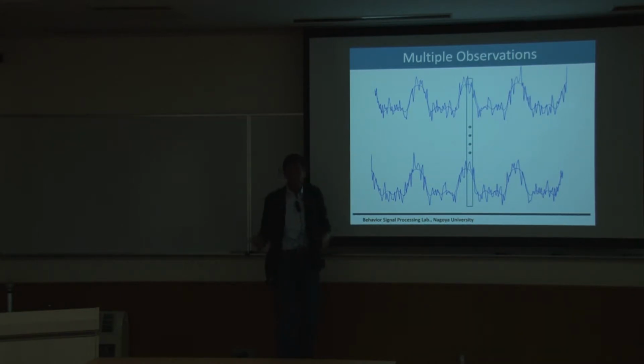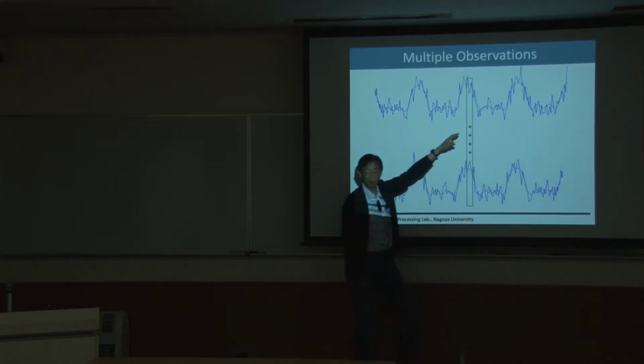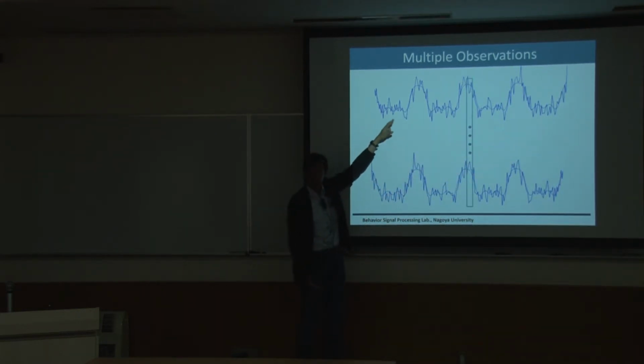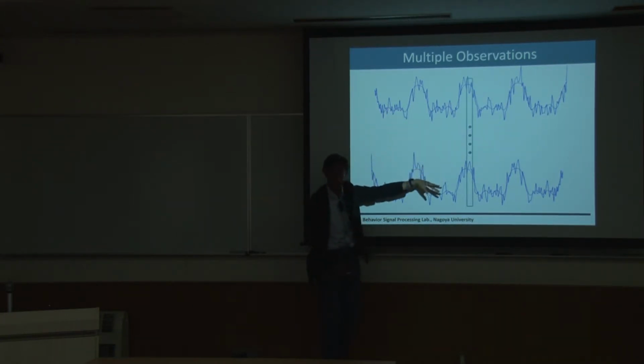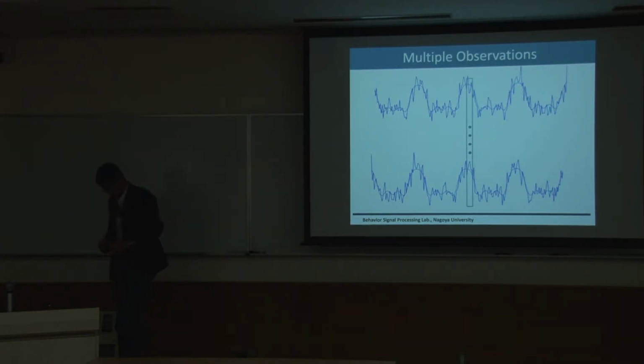Then what you can do is multiple observations, again and again, doing the same thing, and you get different versions of the noise superimposed on the same signal. So you can superimpose those noisy signals, and if you are lucky, so that the average of the random noise is 0, then you can eventually reach the real value. You see this idea?